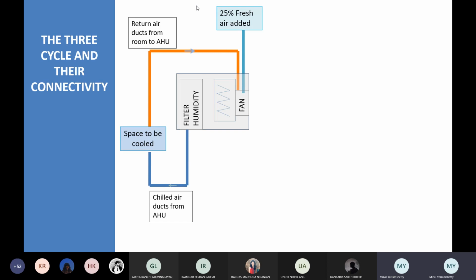So that body has said that if you circulate the same used air again and again, it doesn't have freshness. And to induce that freshness, I need to add 25% of external air. So what happens is the back part of the fan has a duct which is diverted. One comes from the room and one comes from the window.